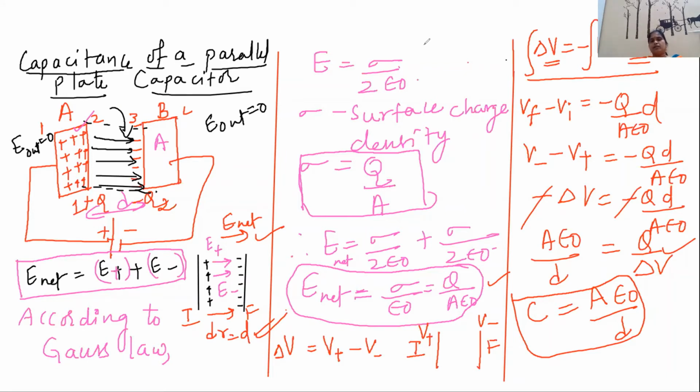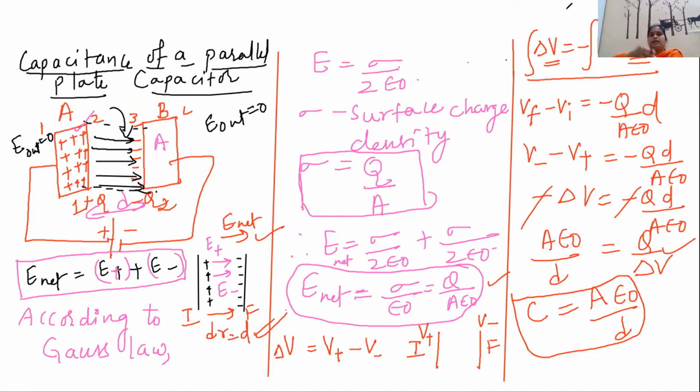So Q by V is always a constant, which is equal to the capacitance of a capacitor. The capacitance depends on the geometry of the conductors and the nature of the dielectric used, but it is independent of the charge stored and the potential difference applied.